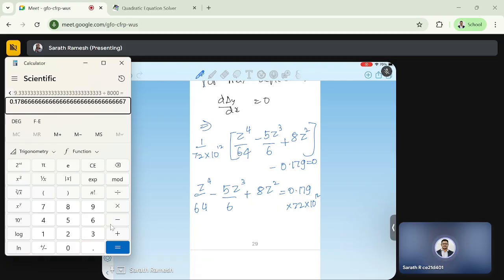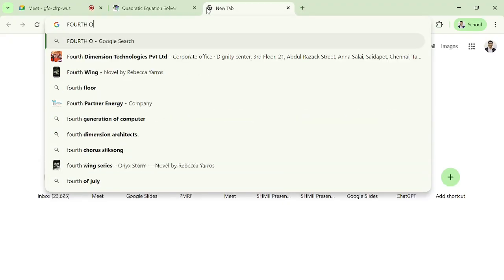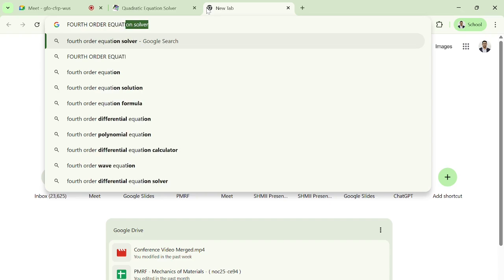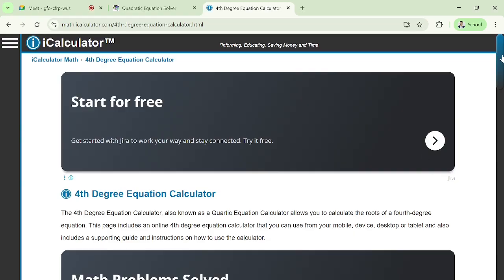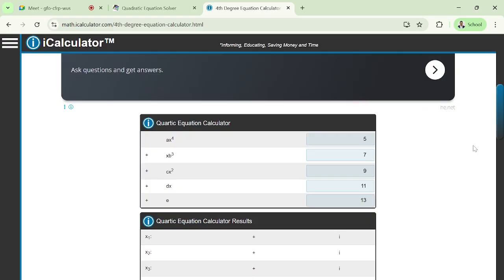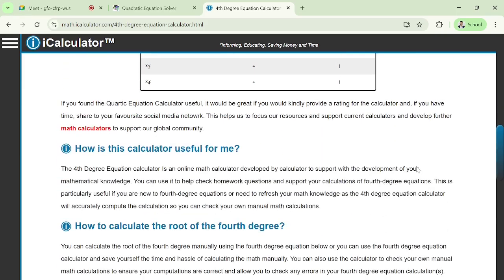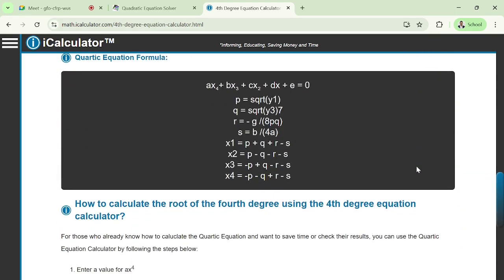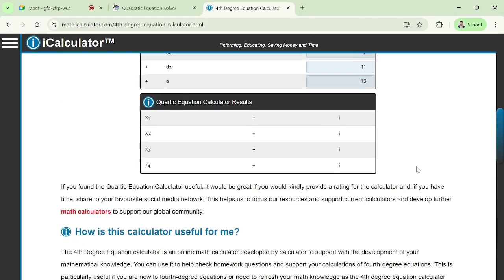Let's solve this. I think we have a fourth order equation solver, fourth degree equation calculator. I got it. One. Where is to compute?